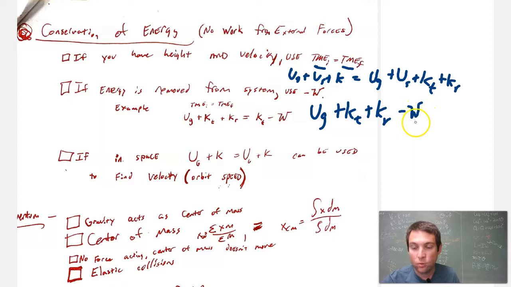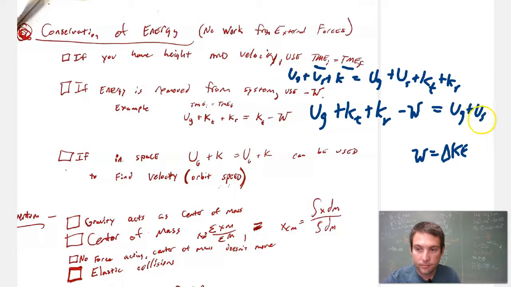So I'll subtract out work. Remember that work equals your change in kinetic energy. So you can treat the work done as an energy and include it in your conservation of energy equation, whatever situation you have there.